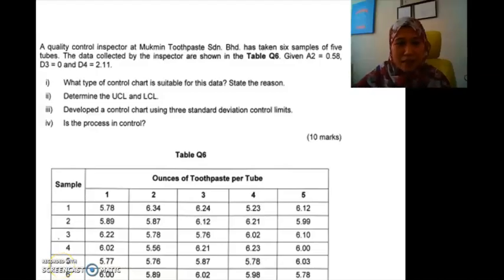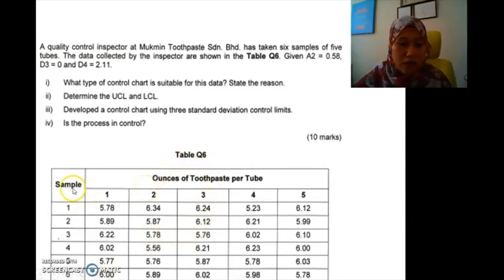Assalamualaikum and hi everyone. Today we're going to show you tutorial on the variable charts for the control charts. Okay, so for this question we need to determine what kind of chart is suitable for this question. Okay, here it talk about the toothpaste factory and they give us information on the weight of the toothpaste.